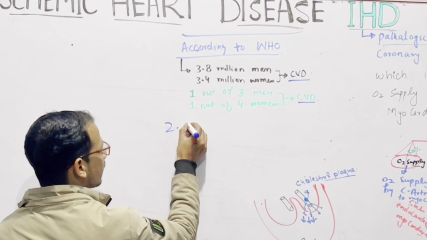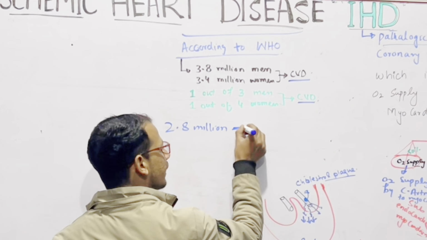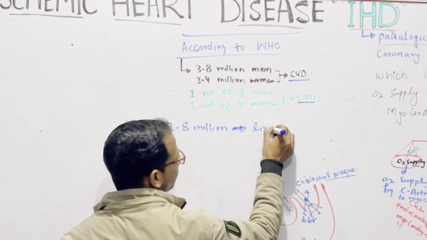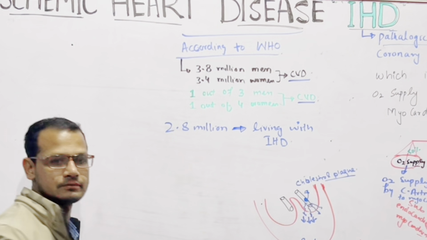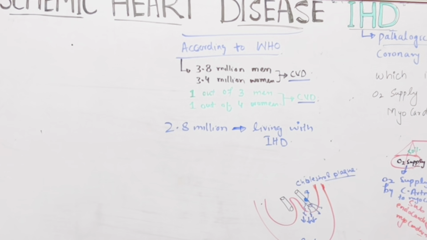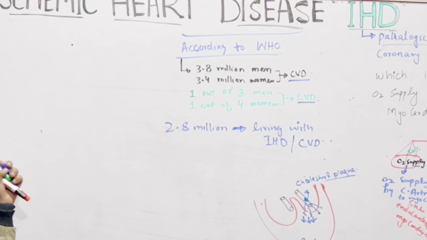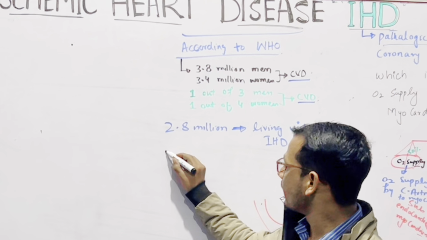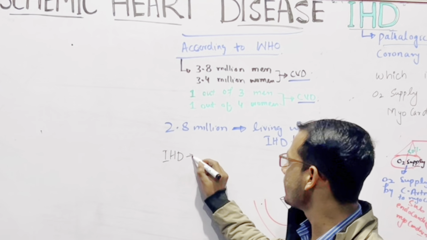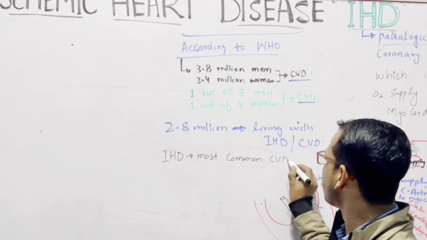So 2.8 million are living with ischemic heart disease or CVD, coronary vascular diseases. Among these types of CVD, IHD has its own place because worldwide IHD is the most common CVD.